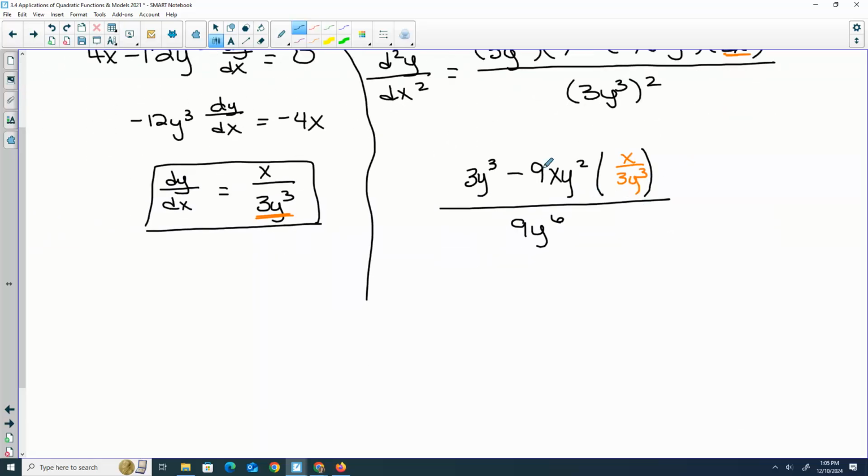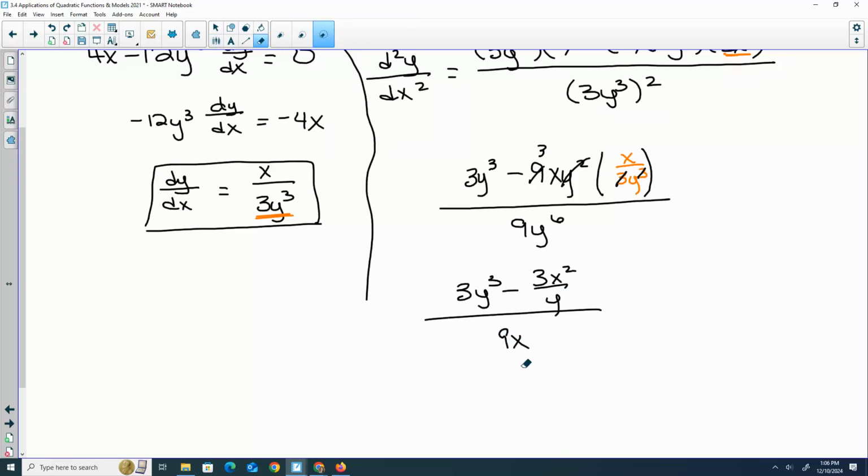We could reduce, so give me a 3, I could cancel out 2 of my y's, so 3y cubed minus 3x squared over y, divided by 9y to the 6, then what?